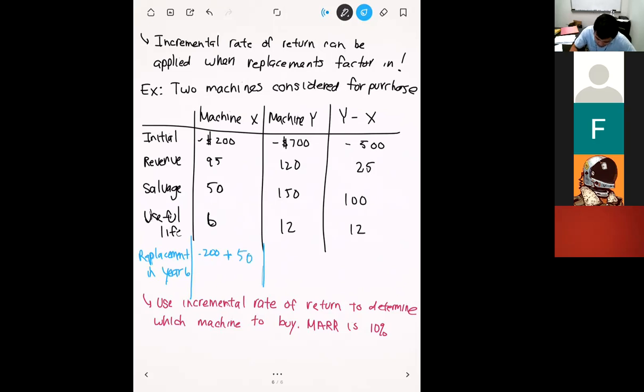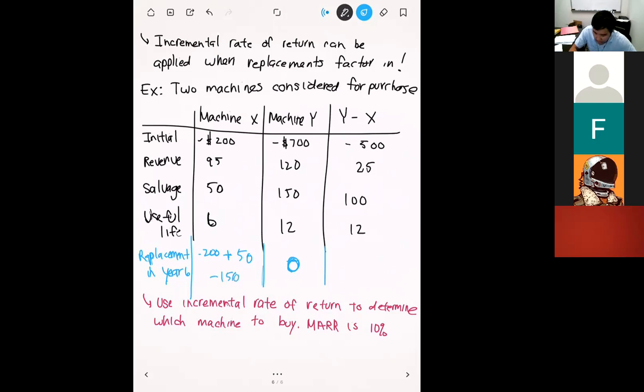All right. And then for machine Y, we don't have to buy a replacement, so that column is just blank. You just call it 0, I guess, because there's going to be no replacement cost there. In addition to this, if we perform this arithmetic, it's going to be a minus 150.